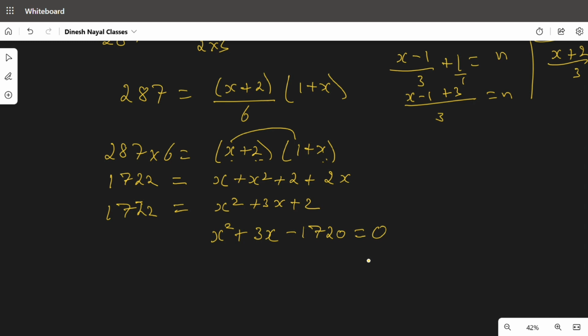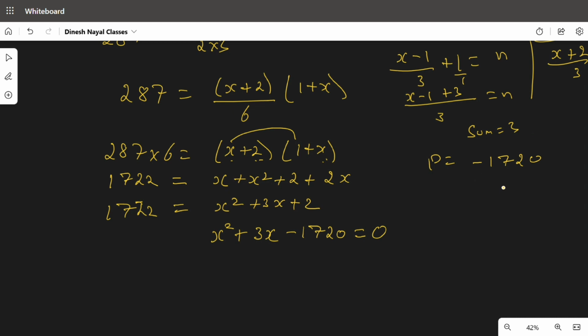Since you have done the middle term splitting, you know that the coefficient of x square is 1. So 1 into minus 1720 is minus 1720. The product of two numbers should be minus 1720, and the sum should be 3.